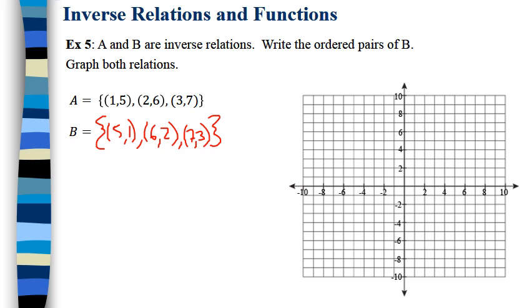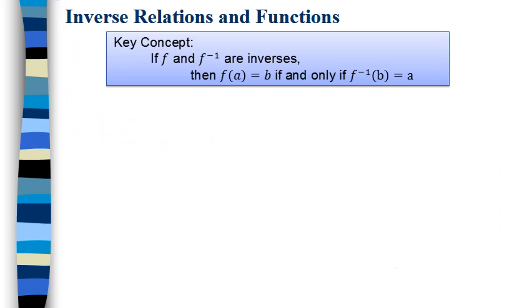If I graph A in blue, that's (1, 5), (2, 6), and (3, 7), and then I graph its inverse, (5, 1), (6, 2), and (7, 3), you can see there's a little bit of a pattern, and we're going to talk about that pattern in just a moment.